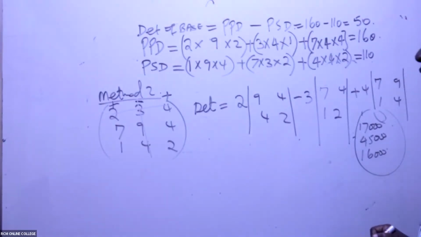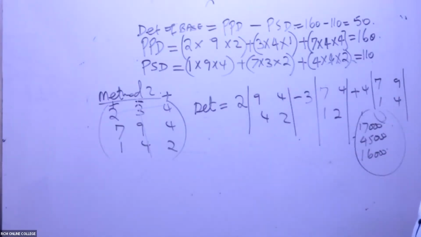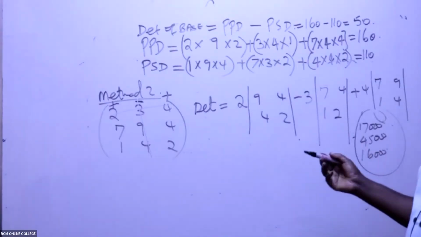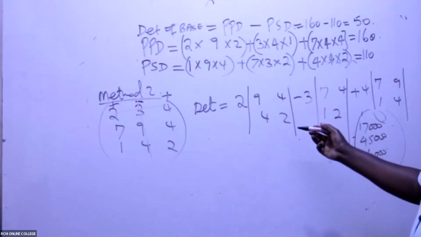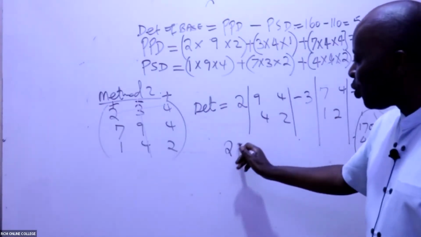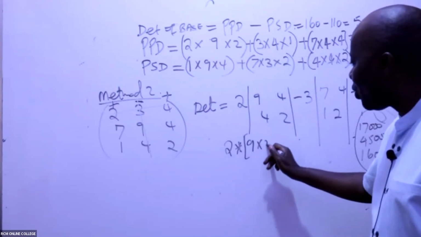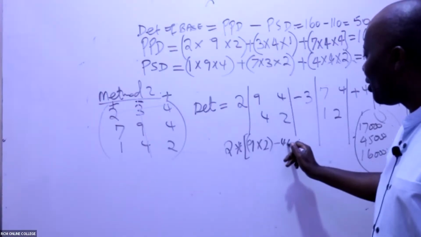Now, ladies and gentlemen, whenever you see these 2 strokes, this is not your normal bracket. This tells us that we need to get the determinant. I should be able to do this using my calculator. So this will be equal to 2 times the determinant of 9 times 2, minus 4 times 4.